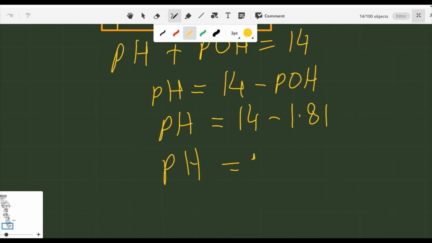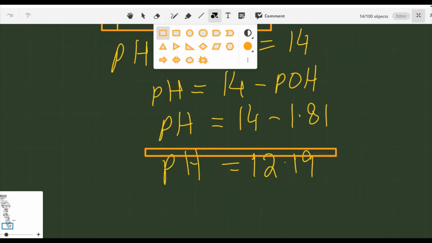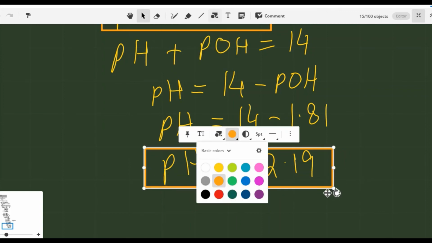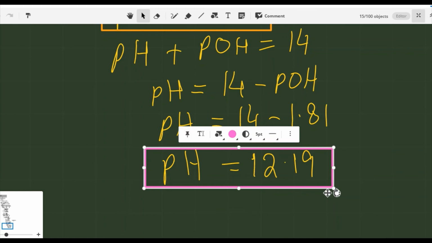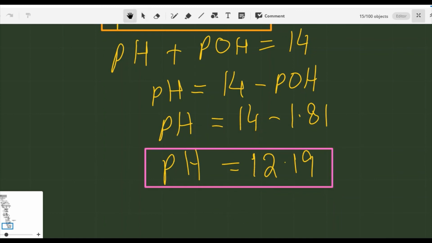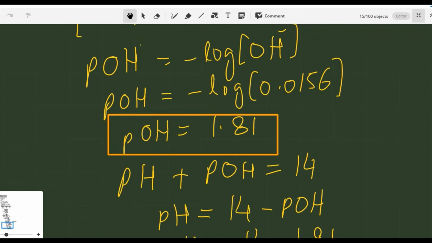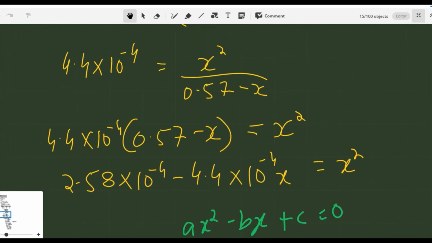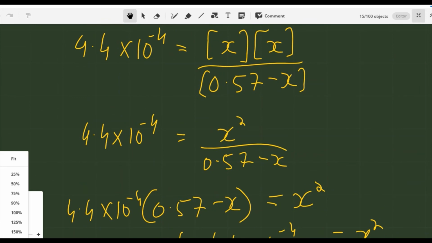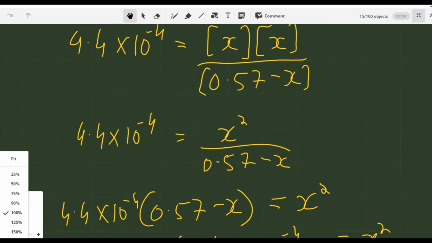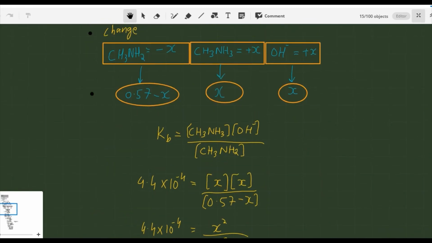So that will equal 12.19. Okay, so that is the final answer: the pH of the methylamine is equal to 12.19.